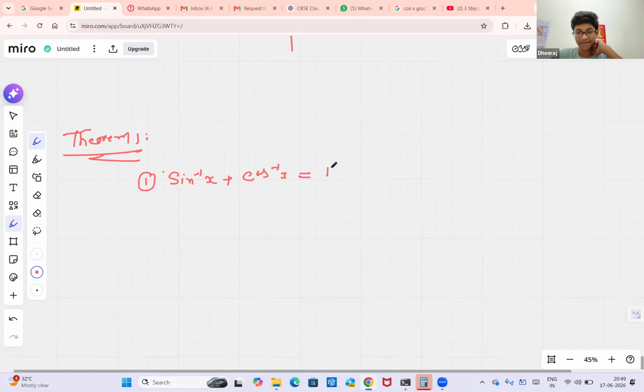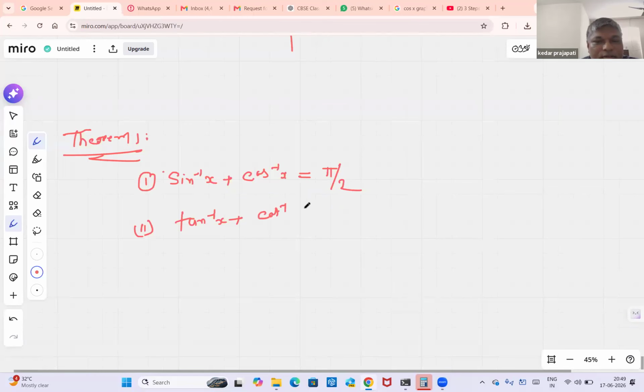Pi by 2. Sine has a similar property to cos, so sine inverse x plus cos inverse x is pi by 2. We'll see that. Then cot and sec have the same property: tan inverse x plus cot inverse x is equal to pi by 2.